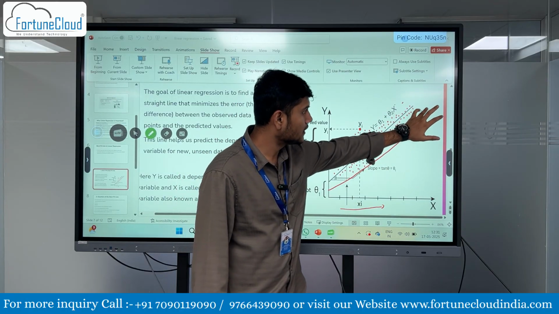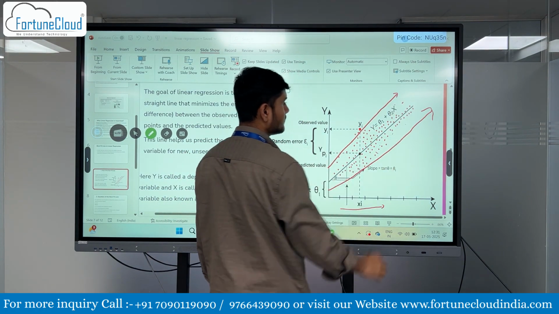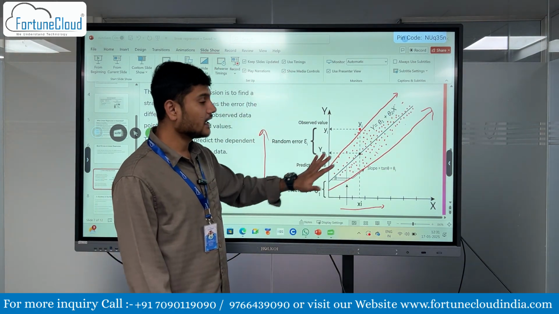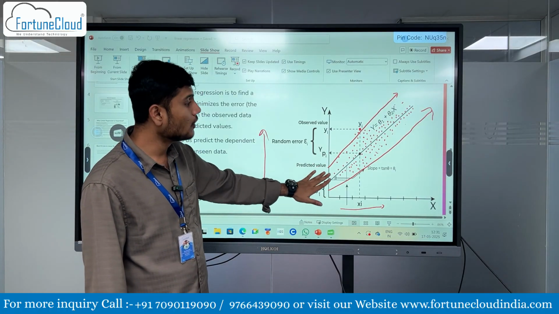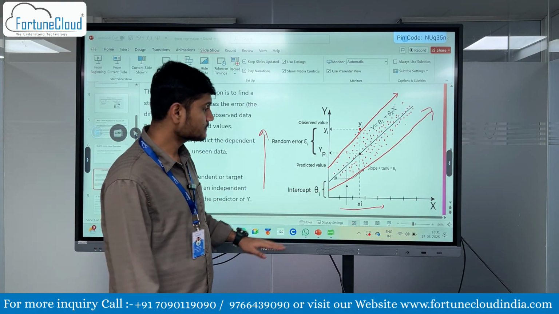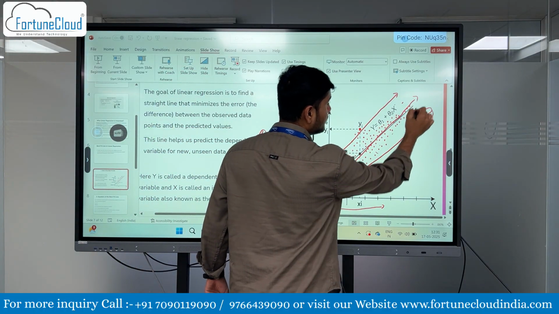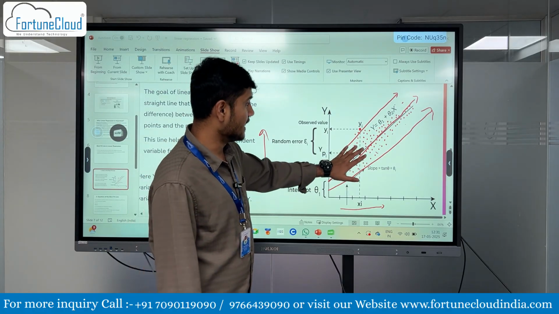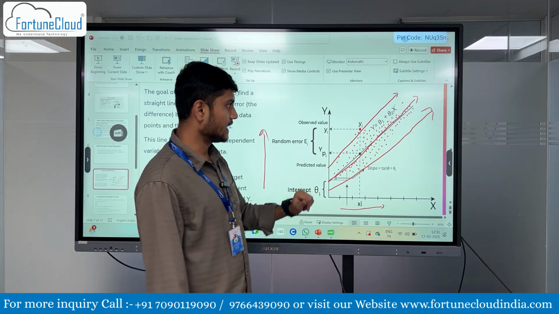So this is not the best fit line, neither is this. So the goal of linear regression is to use the best fit line which minimizes the error between the observed data and the predicted values.